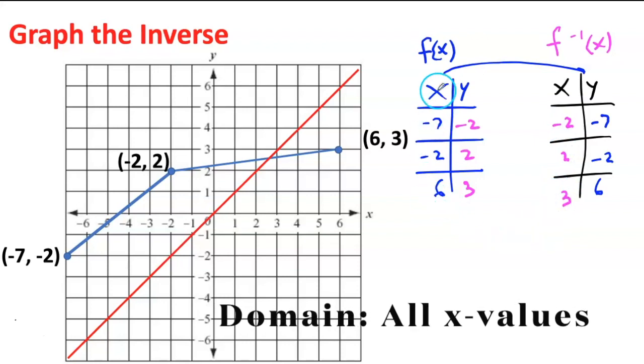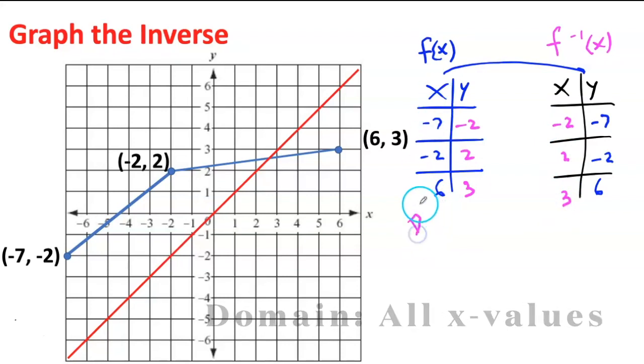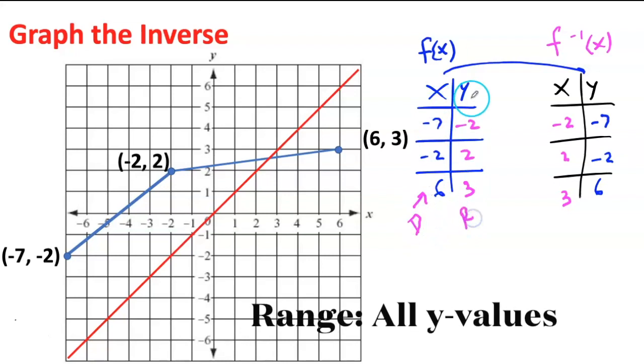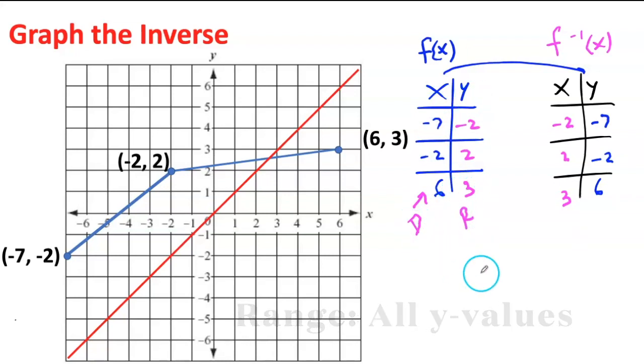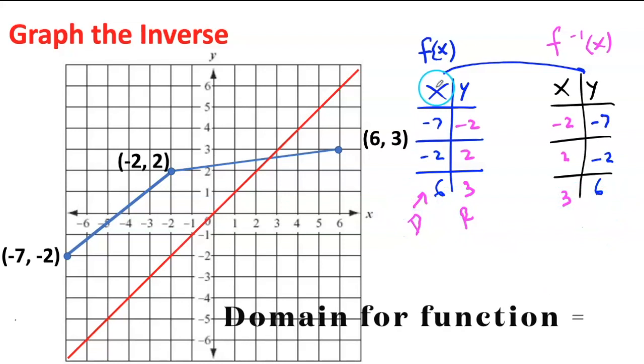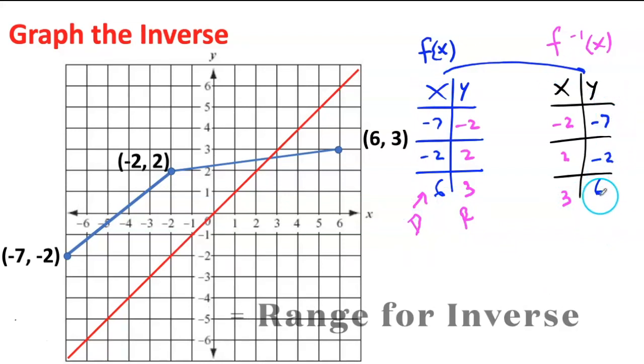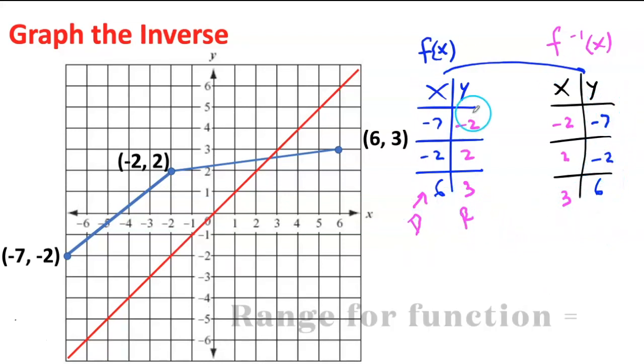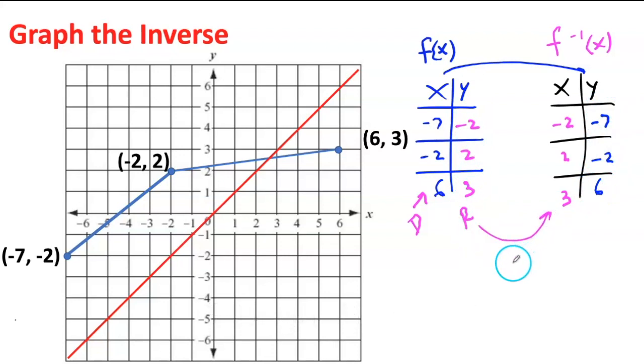The x value is the domain, and the y value is the range for my function. What happens is they flip. The domain for my function becomes the range for my inverse, and the range for my function becomes the domain for my inverse. They flip.